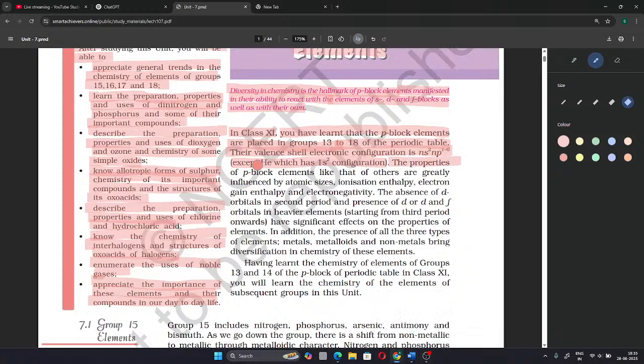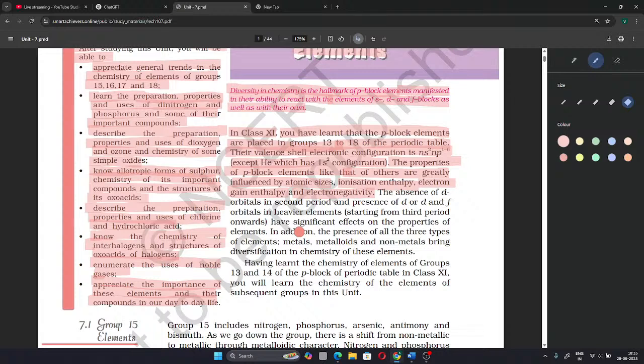The properties of p block elements, like that of others, are greatly influenced by atomic sizes, ionization enthalpy, electron gain enthalpy, and of course electronegativity. Atomic size is the size of the atom.